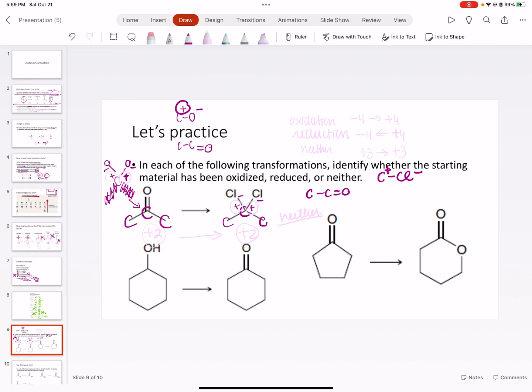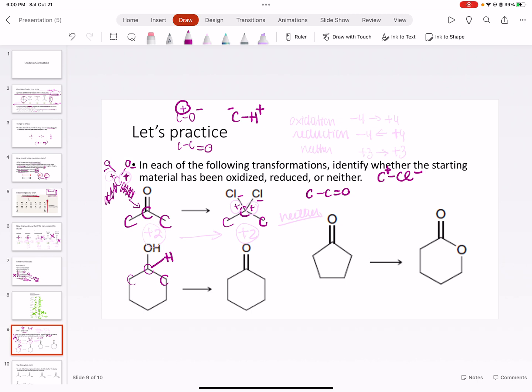So then we can look at the next one. Let's look at this central carbon right here, and let's remember to put all of our bonds. Here we can only see 3 bonds, so we need to add our hydrogen bond right there. So we have carbon, carbon, carbon, carbon. We don't care. We do have a carbon-hydrogen and a carbon-oxygen. Carbon is more electronegative than hydrogen, therefore it's going to carry a negative, and the hydrogen is going to carry a positive.